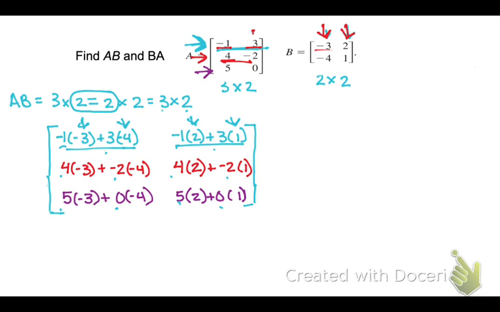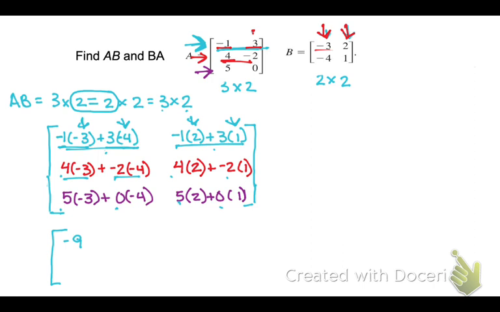Okay, so now we have to just put them together. So I have 3 minus 12. Do you want me to write 3 minus 12 or do you want the answer? What's the answer? Okay, so 3 minus 12 is what? Negative 9. Okay, negative 12 plus 8.